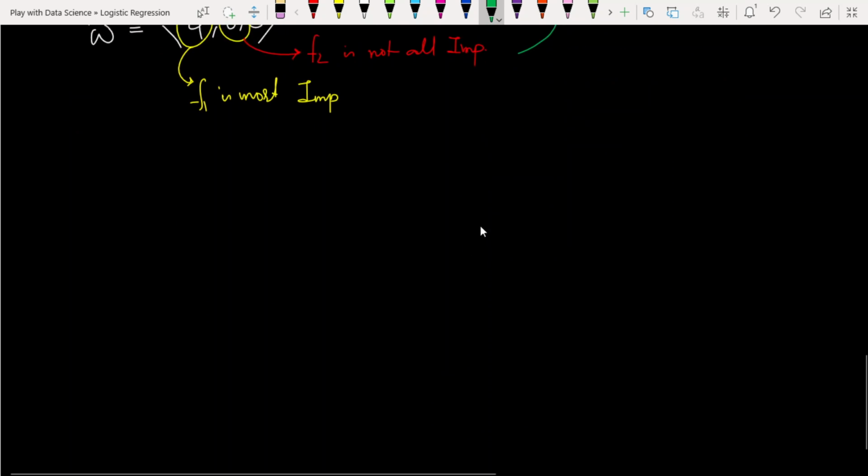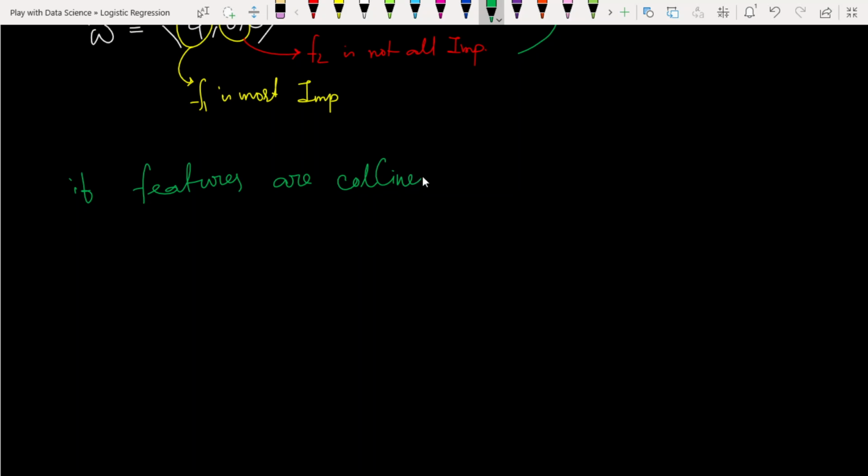So first we have to check whether taking the absolute value of features is valid: we have to check the collinearity. If our features are collinear, then we cannot use the absolute value of wj. Write it down clearly: if our features are collinear, then the weight vector can change arbitrarily.